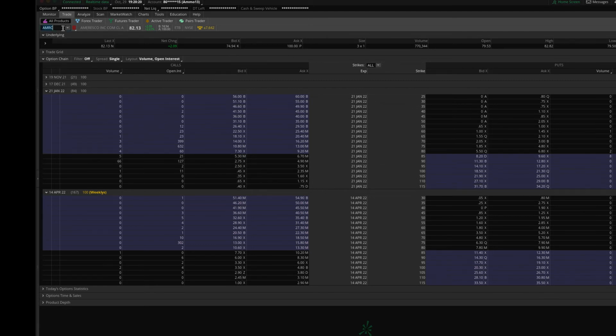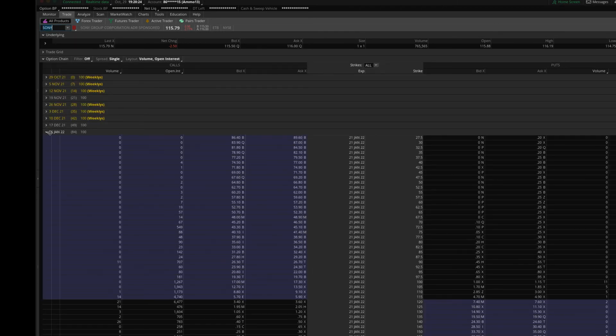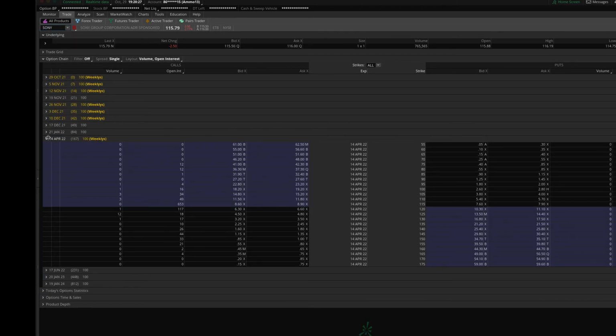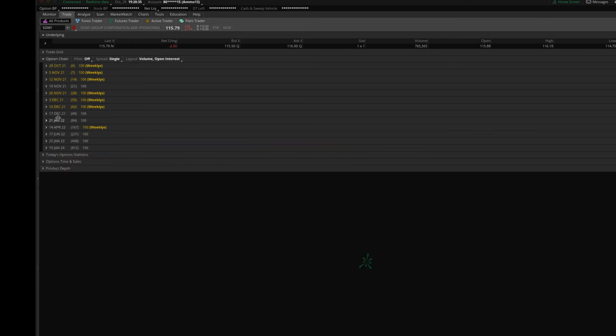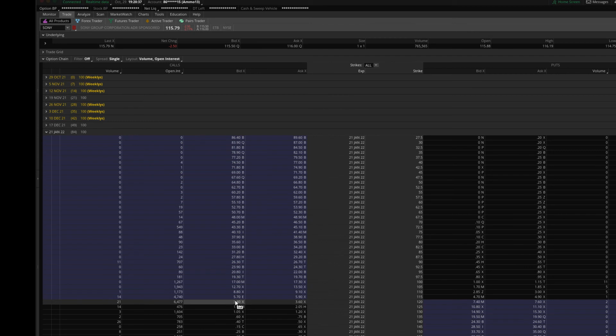Sony looked good. That was another one. Everything looked good. We got a lot of good options here. Open interest is okay. At the money open interest is much better than if I go a little out of the money, which is okay. I don't mind buying at the money. The bid-ask spread is pretty good.